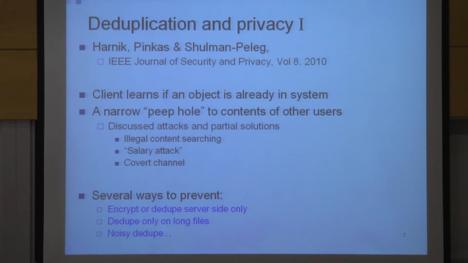And what can you do with this peephole? There's a bunch of attacks that we discussed. One is searching for illegal content. A government that knows that some illegal content is out there can check whether it has been stored at a cloud provider.